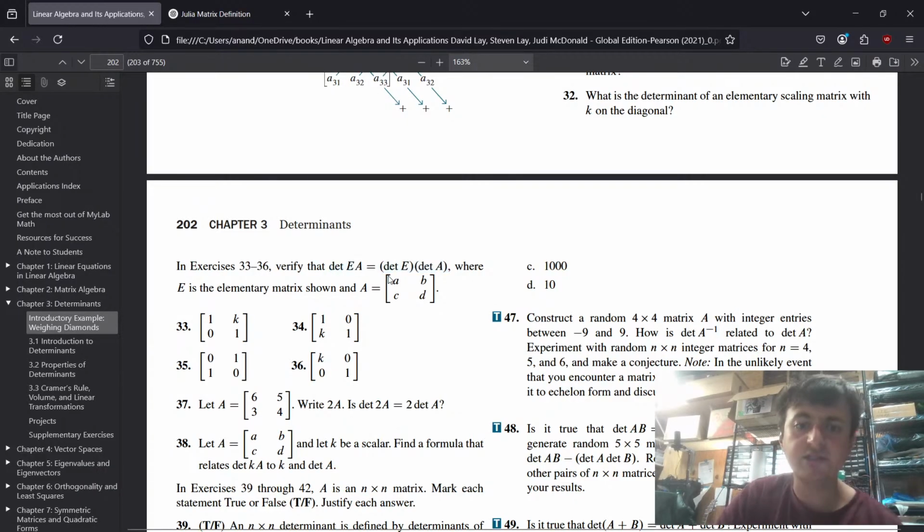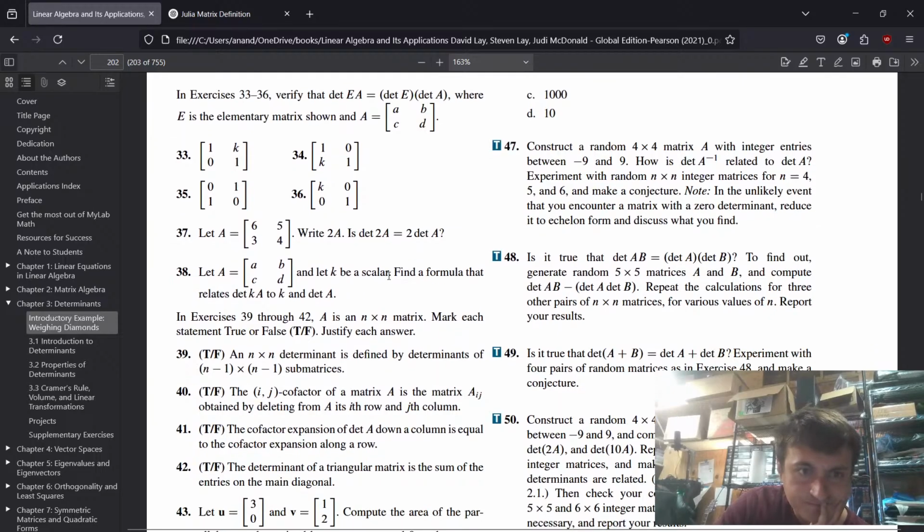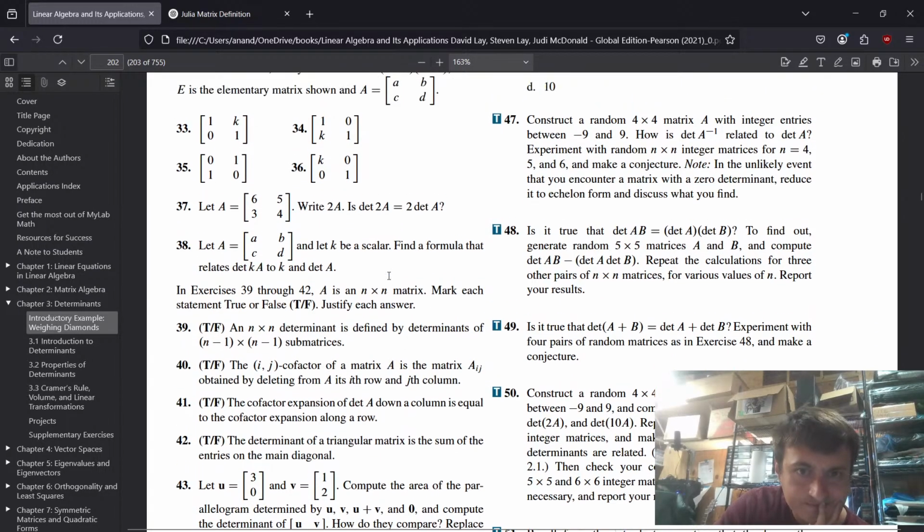Is it true that the determinant of E times A is equal to the determinant of E times the determinant of A? I don't think that's in general true. But we'll definitely do 33. And then do 37.